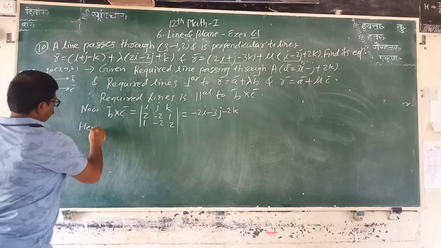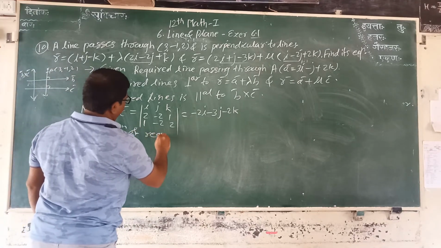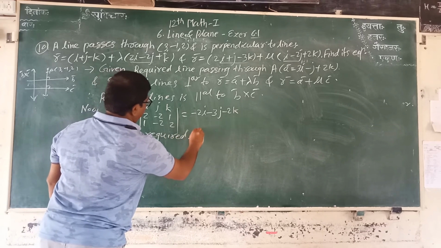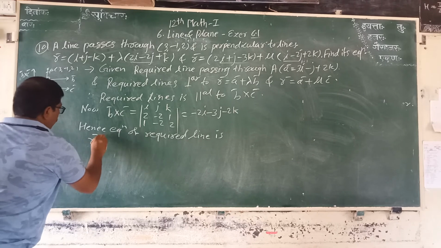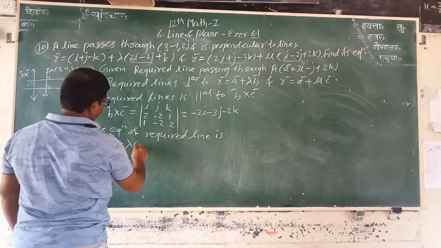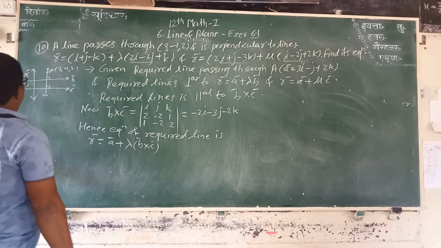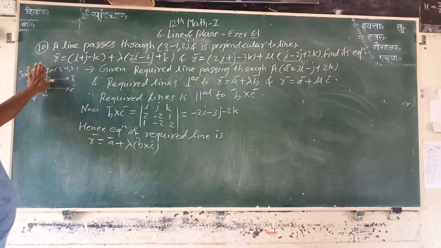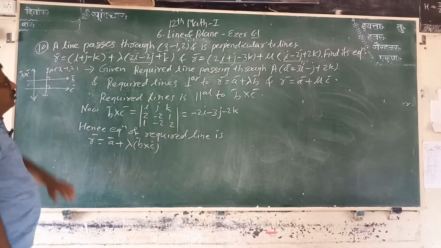Hence, what is the equation of the required line? R bar is equal to A bar plus lambda B bar cross C bar. Because B bar cross C bar is parallel to the required line, and the required line is passing through 3, minus 1, 2.